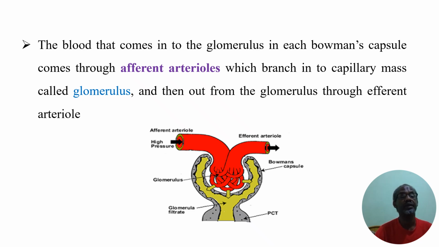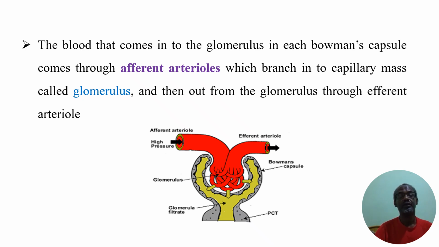The blood that comes into the glomerulus in each Bowman's capsule comes through the afferent arteriole, which branches into capillaries inside the Bowman's capsule. This mass of capillaries has a special name, glomerulus, plural glomeruli.